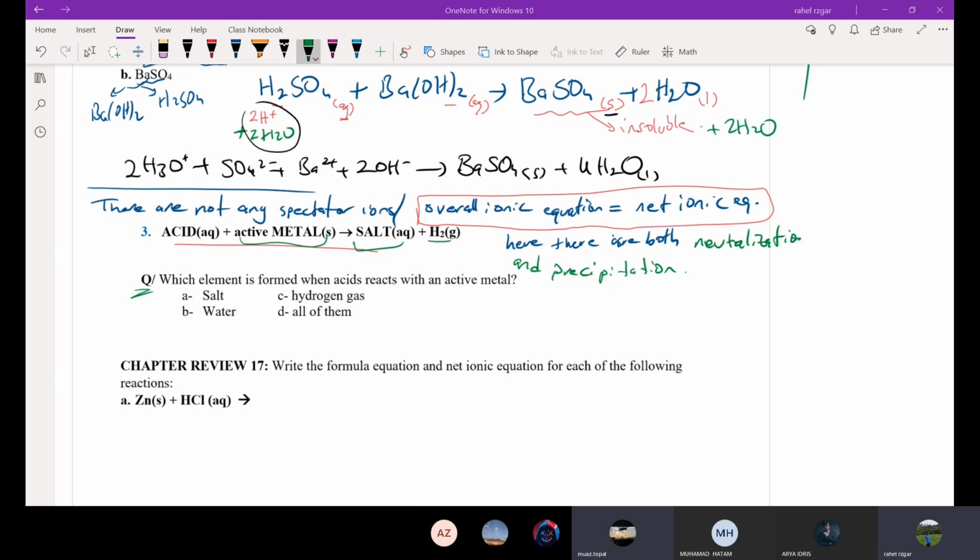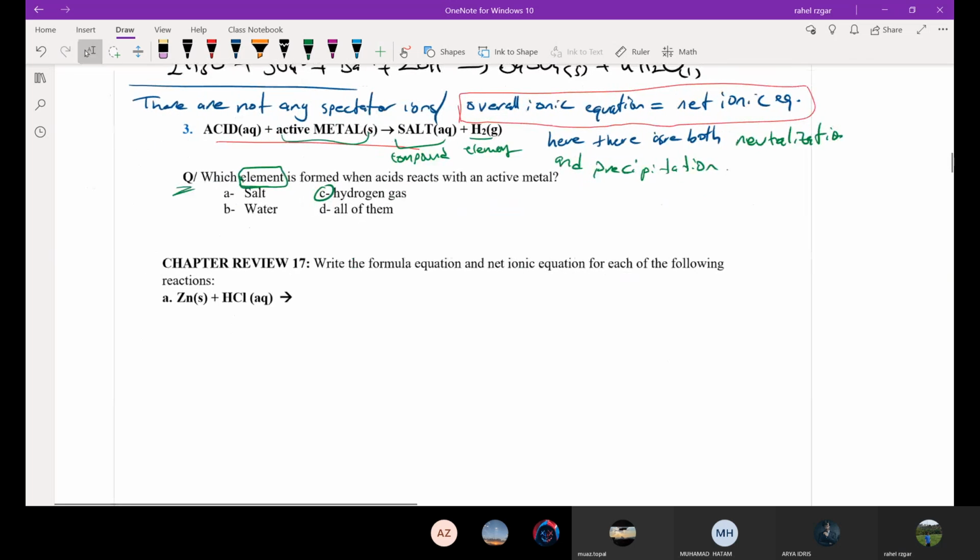Perfect. The question asks which is an element. Hydrogen is the element. Salt is a compound. Hydrogen is an element, salt is a compound, so the answer is actually C.